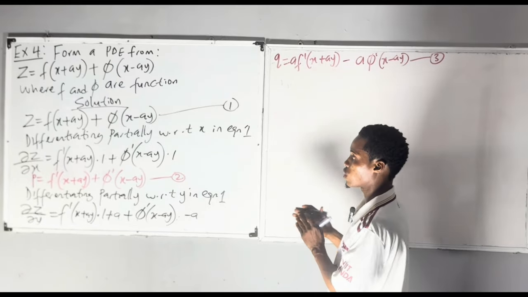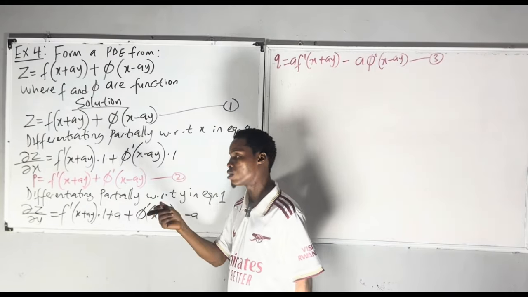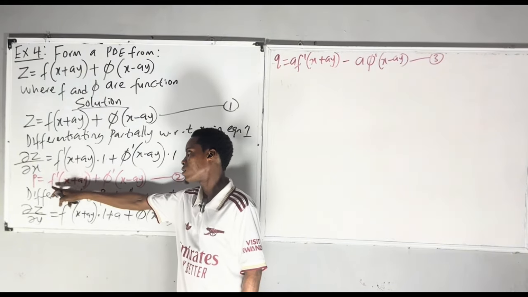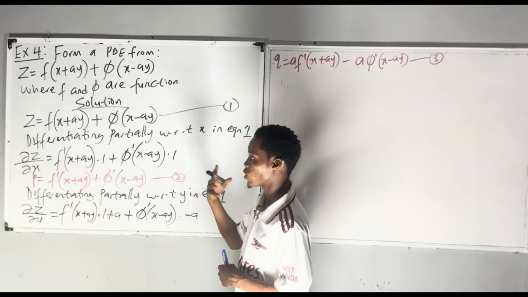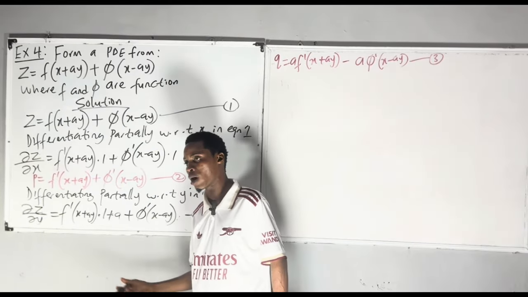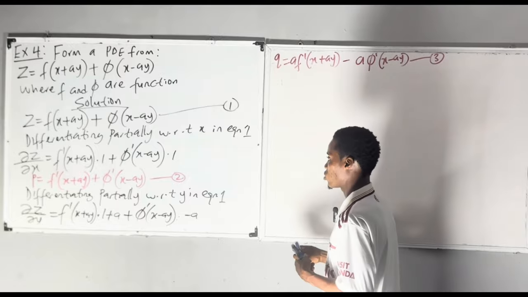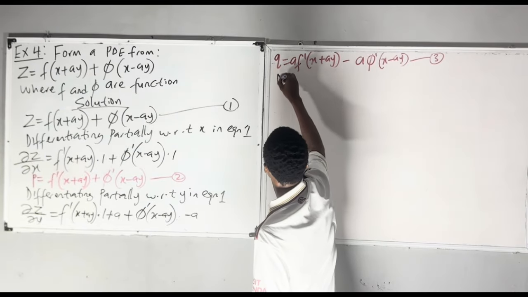In equations 2 and 3, it means we are going to consider higher order, whereby we differentiate dz over dx again with respect to x, then differentiate dz over dy again with respect to y. So we are going to consider second order.